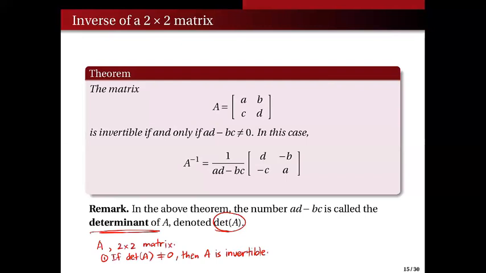If det A is equal to 0, then A is not invertible. Question so far?